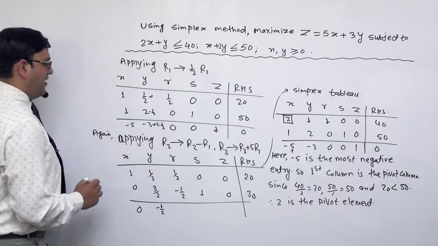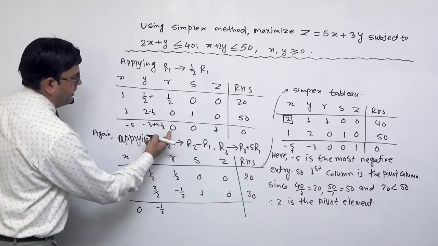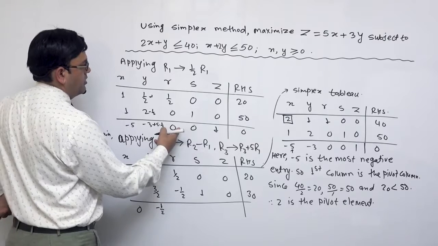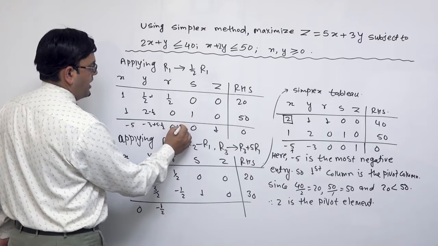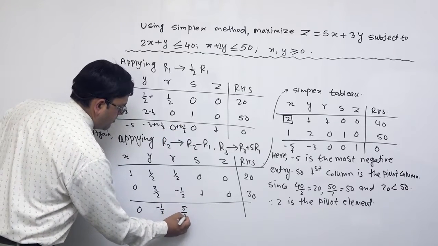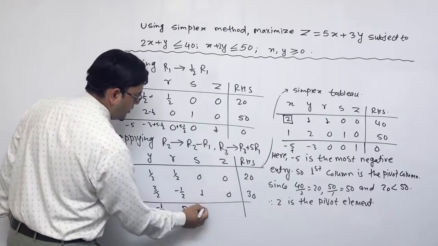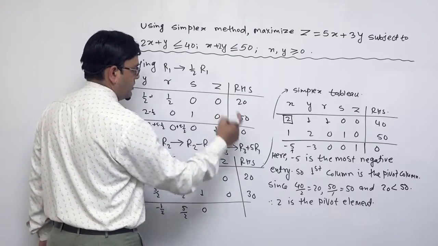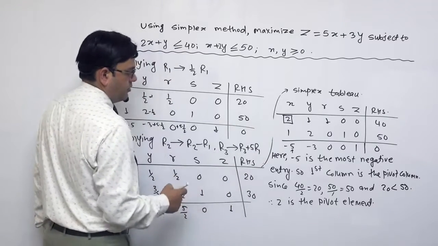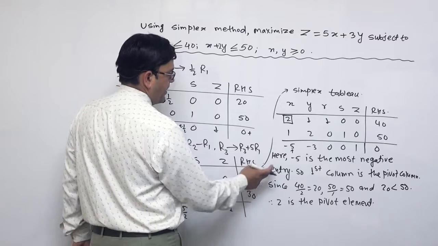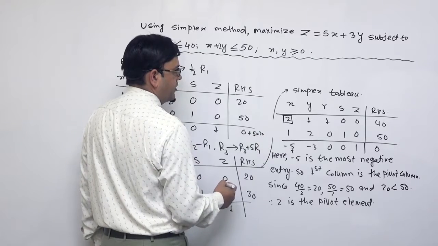Here a minus came again, so we have to process again. Look, and then here 0 plus 1/2, 0 plus 5 times 1/2 so 5/2. Similarly 0 plus this so this is also 0, so 1 plus this also 1, so 0 plus, I'm saying 5 times R1 means 20, so 5 times 20 is 100.